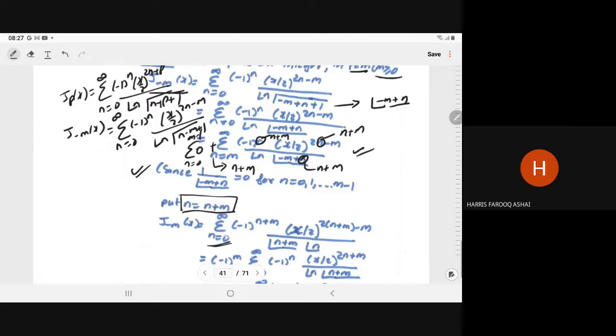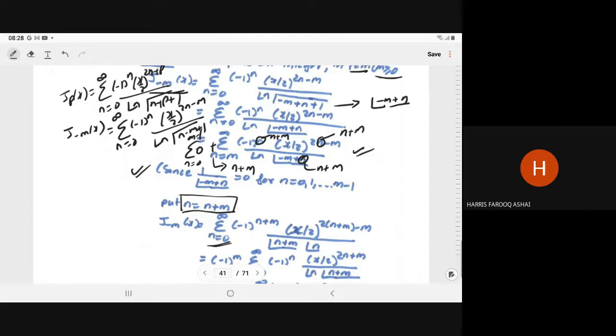So n plus m equal to m to infinity, so m and m cancel out. Here we have the summation n equal to 0 to infinity of (minus 1) to the power n plus m, (x by 2) to the power 2 into n plus m minus m, upon factorial of n plus m into factorial of n.